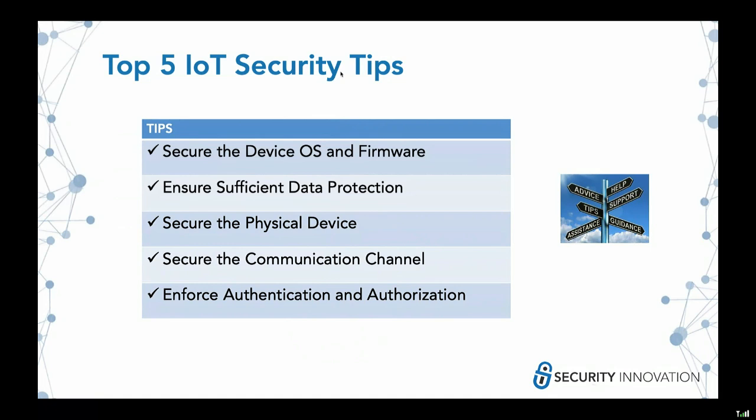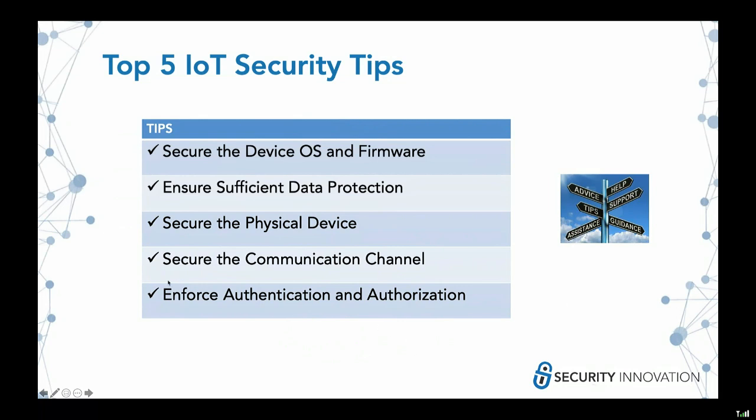And appropriate could be encryption. It could be unnecessary if it's on a specific segment of the network that you have high trust. Third, secure the physical device. Again, very often overlooked element. Physical devices, they are often in plain sight, but that doesn't mean that they can't be attacked or hacked.